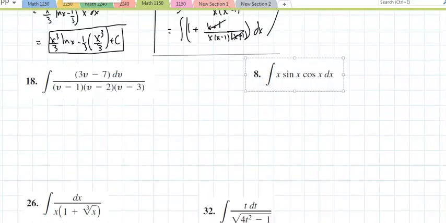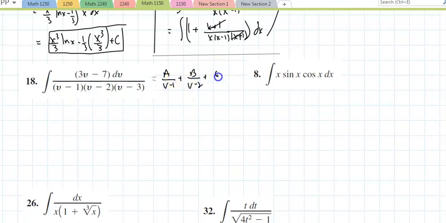Next problem up is number 18, and I noticed that this is already set up for partial fraction decomposition. So that's going to be a over v minus 1 plus b over v minus 2 plus c over v minus 3. So if I clear the fractions, 3v minus 7 will equal a into v minus 2 into v minus 3 plus b into v minus 1 into v minus 3 plus c into v minus 1 into v minus 2.